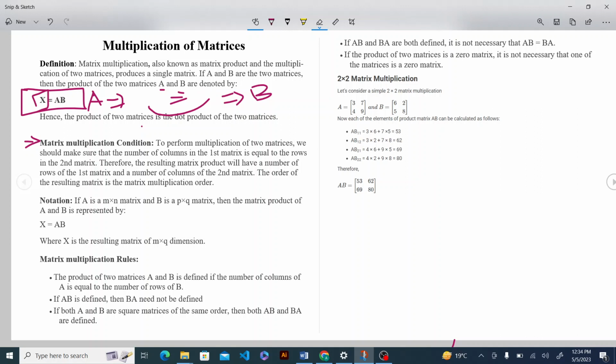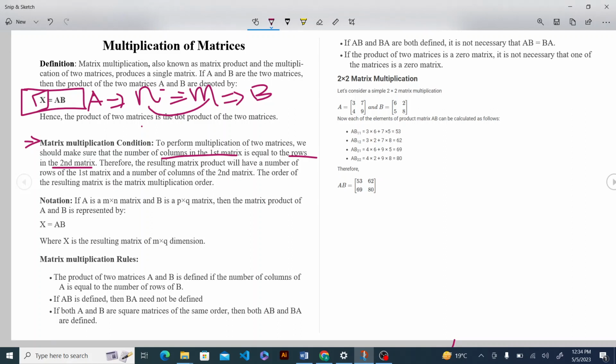They say the number of columns of the first matrix should be equal to the number of rows of the second matrix. Only then the multiplication can be done. Otherwise, two matrices can't be multiplied.